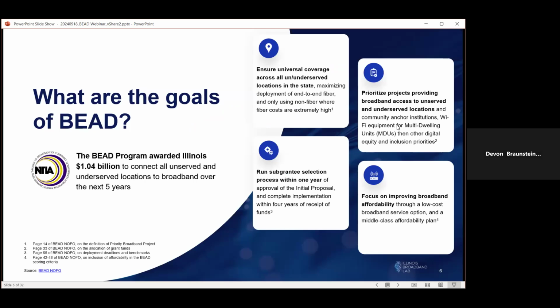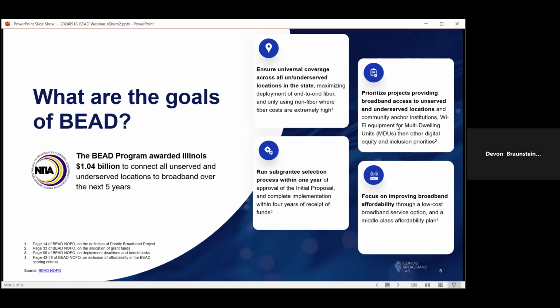Looking at Illinois specifically, Illinois was allocated $1.04 billion to achieve this mission at the state level. The goal of this program is to connect all unserved and underserved locations, maximizing end-to-end fiber wherever possible, but also leaving the window open and encouraging applications from other technologies such as fixed wireless to make sure that we can meet that mandate of universal connectivity.